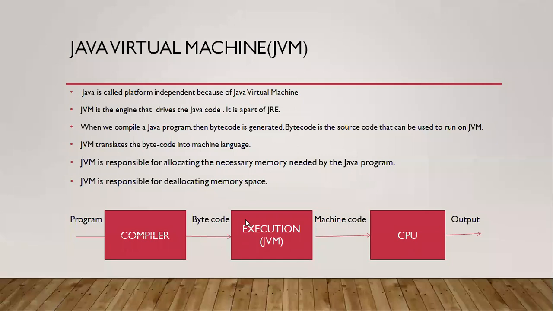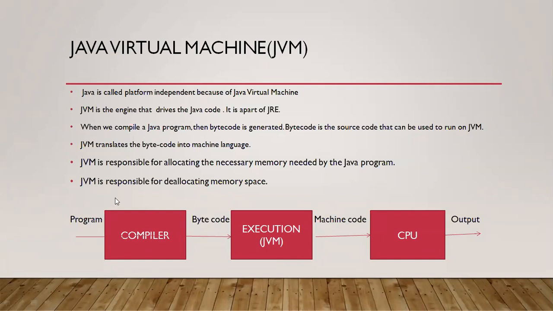Whenever we send the bytecode to the JVM unit, the runtime memory is used to allocate memory for objects and to process the data we have. Later it translates the bytecode into machine code. That is one of the responsibilities of the JVM.